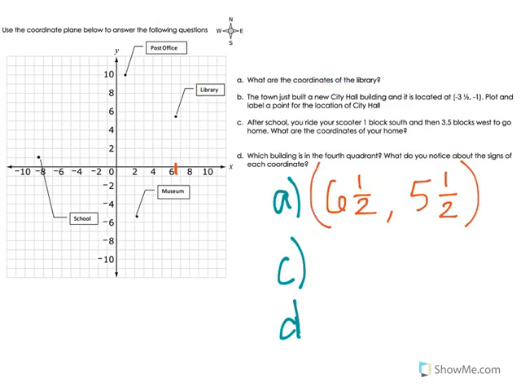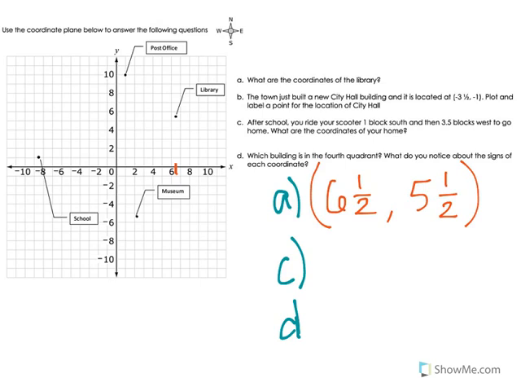Part B says the town just built a new city hall building and it is located at -3 1/2, -1. Plot and label a point for the location of City Hall. So if I see that my x coordinate is a negative rational number, I'm going to go left on the x-axis. So I'm going to go over to 3.